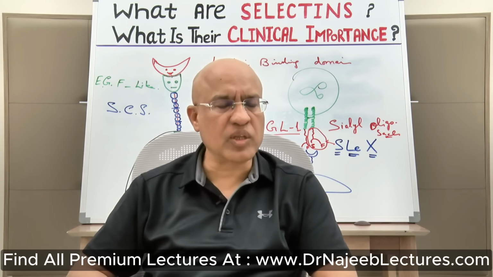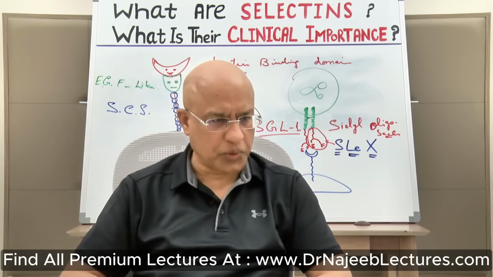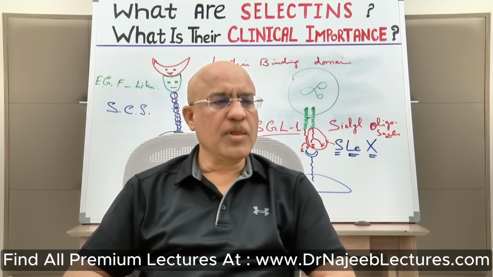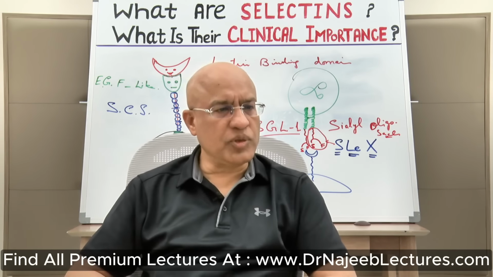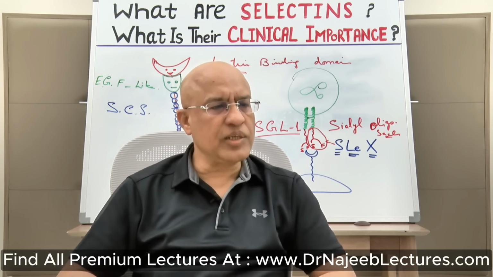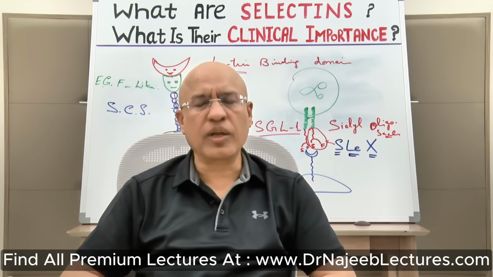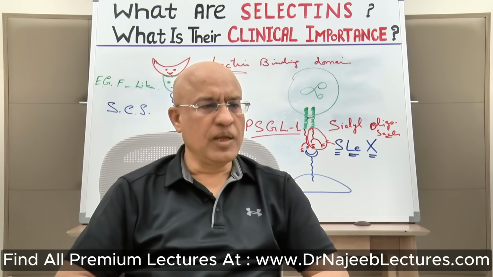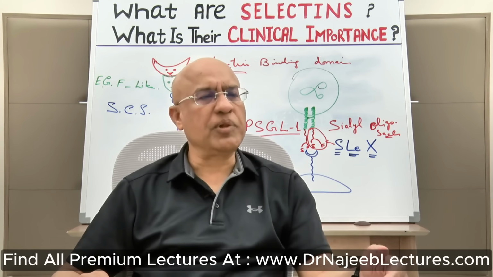MALT means mucosa associated lymphoid tissue. For example, GIT mucosa associated lymphoid tissue, or respiratory mucosa associated lymphoid tissue. So these are two examples of MALT.